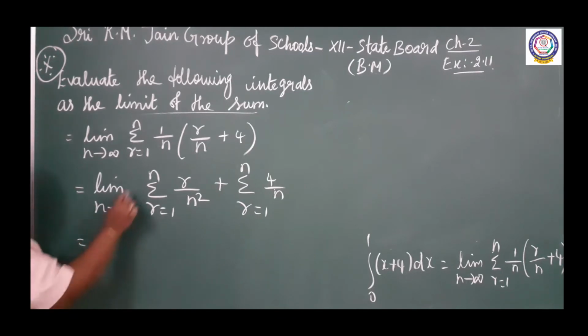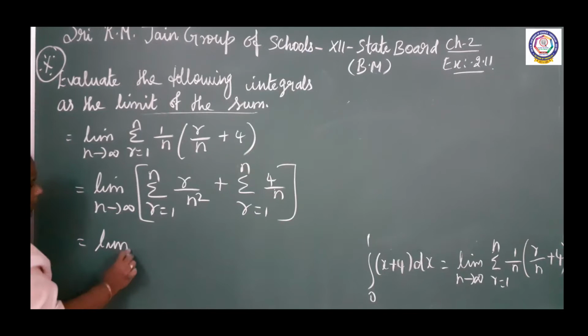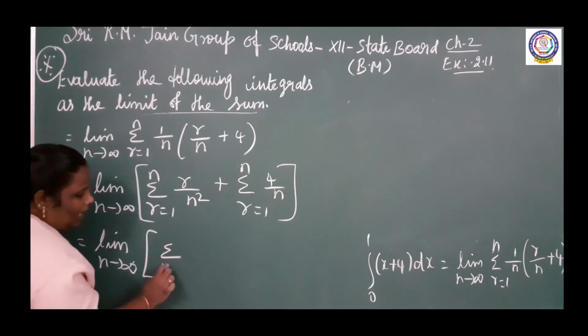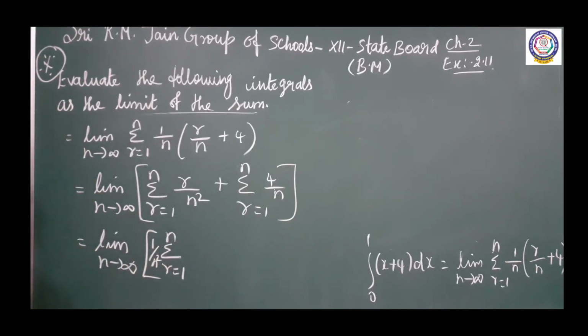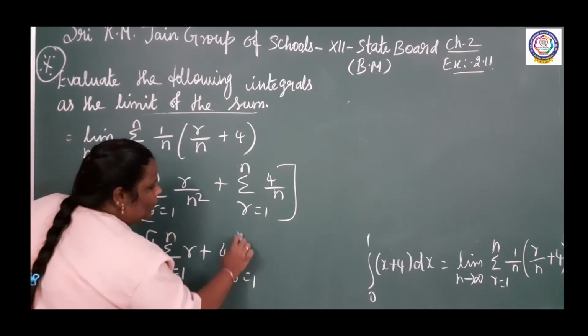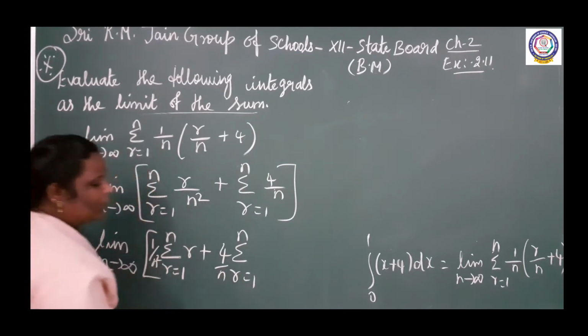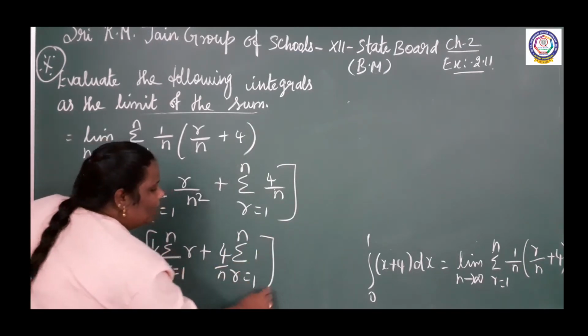So limit n tends to infinity, 1 by n square you can take out, sigma r equal to 1 to n, r, plus 4 by n you can take out, sigma r equal to 1 to n, 1.